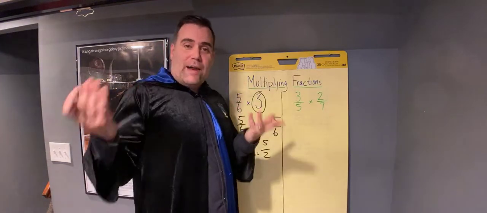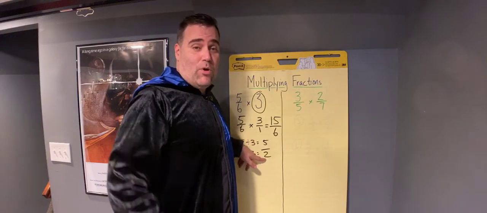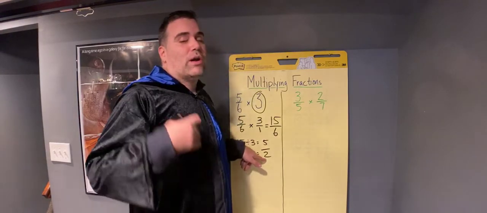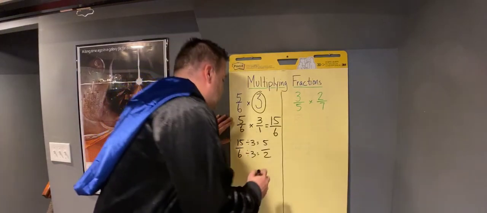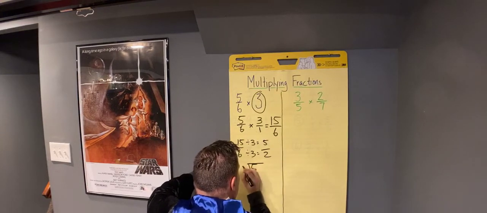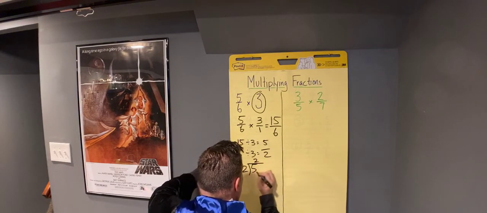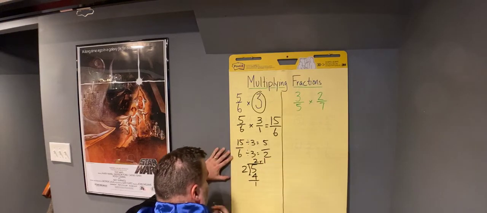The final step that we're going to take here is we have an improper fraction right now, or a fathead as we call them, and we're going to convert that into a mixed number. So we divide the numerator, 5, by 2, and we say 2 goes into 5 2 times, which is 4, with a remainder of 1.